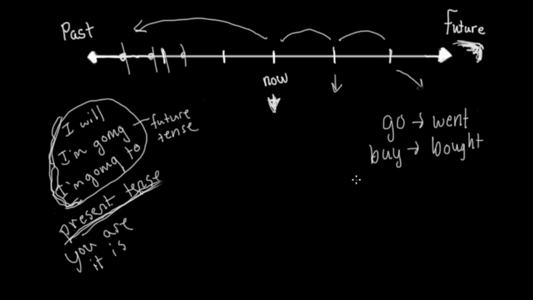How about walk? Past form of walk is walked. So this one is regular. This is a regular verb because it ends with ed. It's normal. Regular past form. Okay?